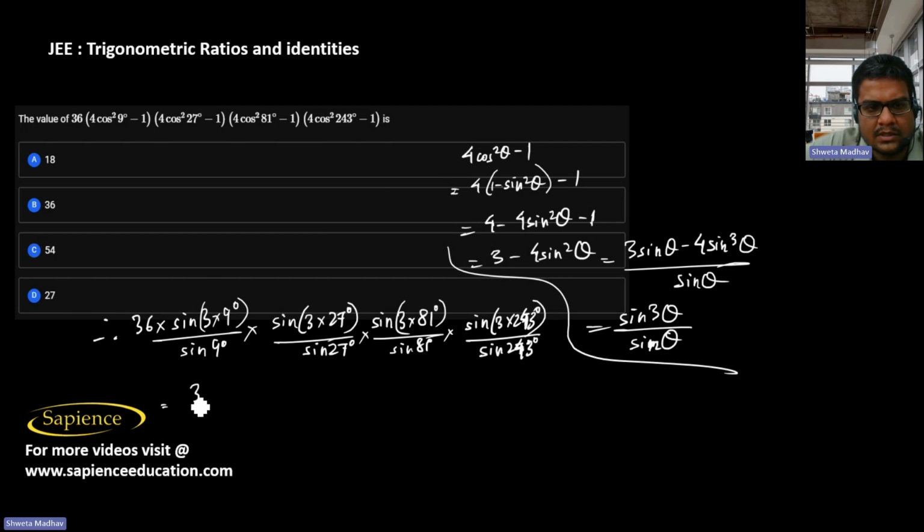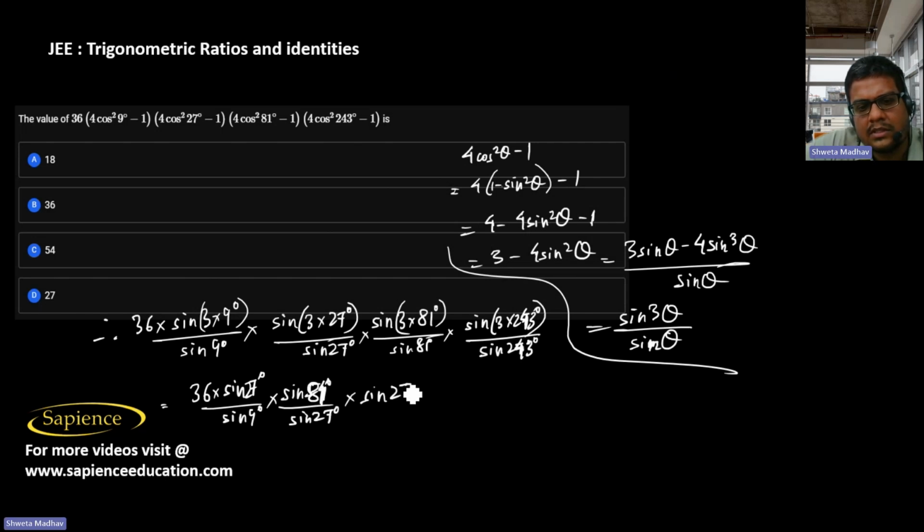So now I can write 36 into sine 27 degree by sine 9 degree into sine 81 degree by sine 27 degree into sine 243 degree by sine 81 degree into sine 729 degree by sine 243 degree.